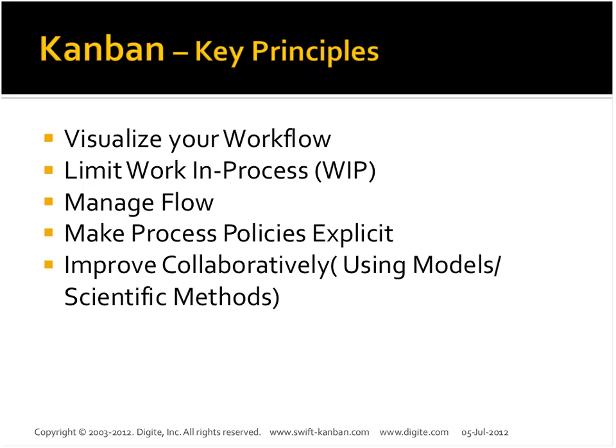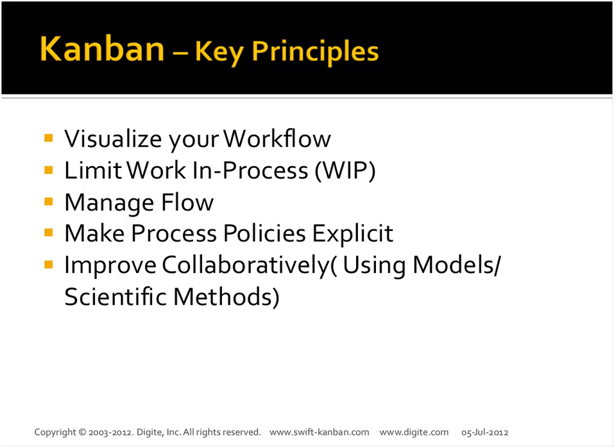The second principle which Kanban proposes is limiting work in progress. Even though Scrum does a little bit of limiting work in progress in terms of how many tasks or stories you can take up within an iteration, within a sprint a lot of people still end up working on multiple cards at the same time, which is discouraged.